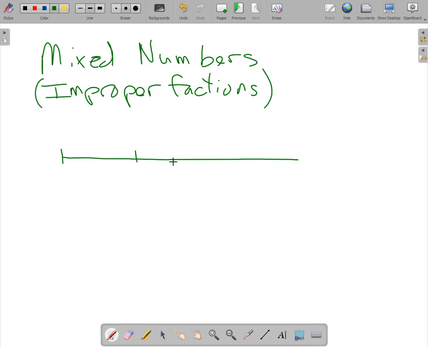If this is 1 there, and that's 0, and that's 2 right there, then if I mark this off in halves, this position right there is where I think 3/2 should be. Or I could say it's 1 whole and a half more. When we say this mixed number right there, we say 1 and 1/2.